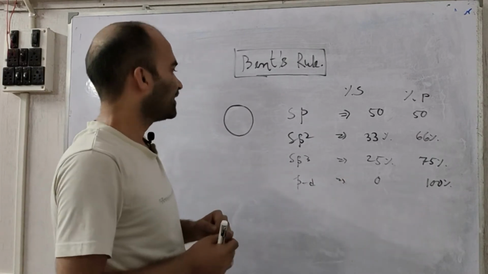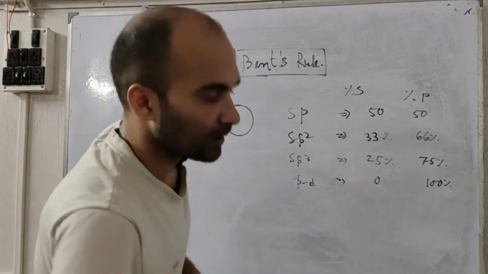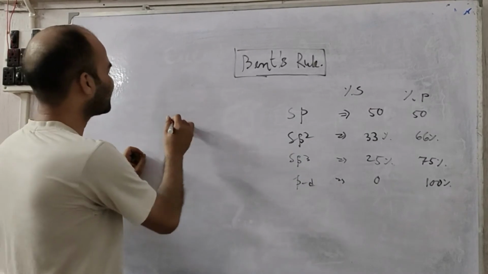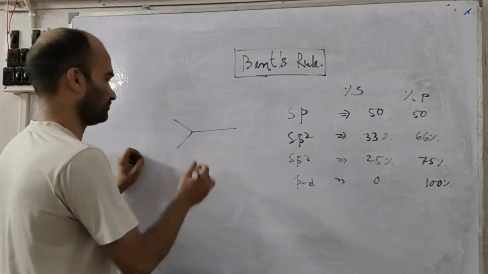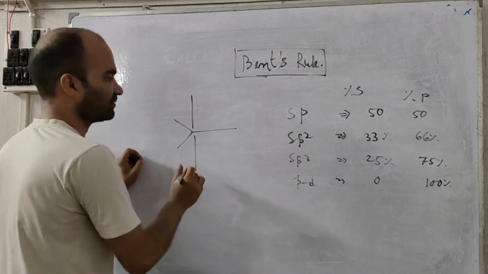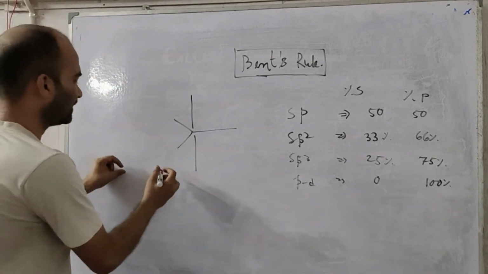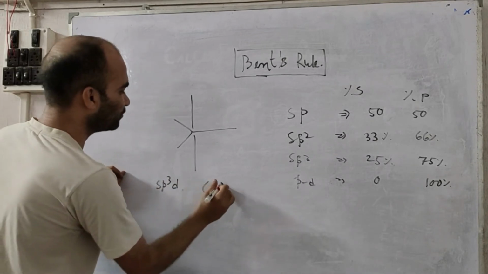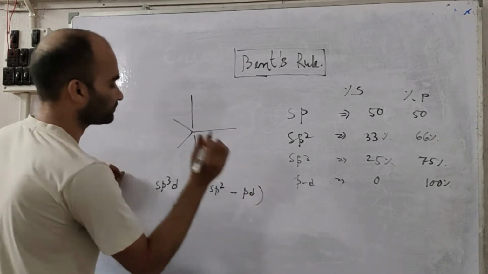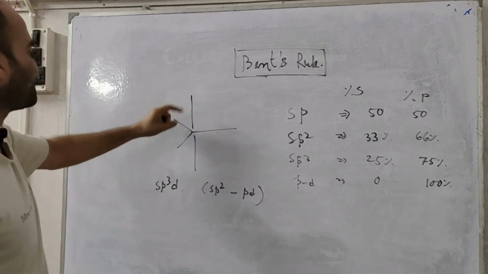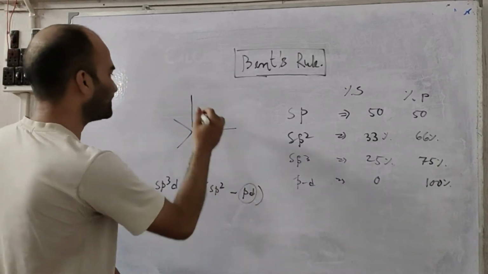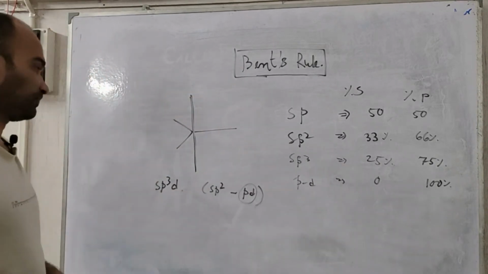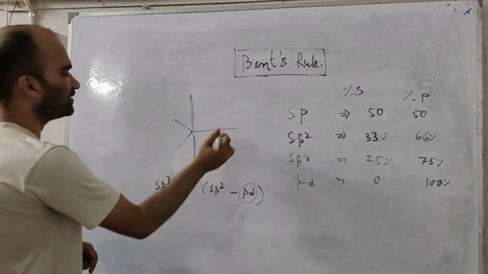That is why, when we are talking about trigonal bipyramidal structure, the TBP structure, the hybridization is sp3d, that is sp2 and pd. This pd axis is the axial bond.